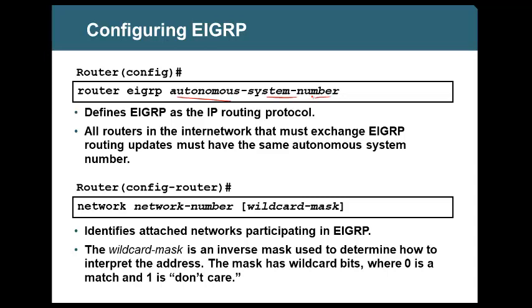Now, the networks that you want to advertise using EIGRP, you need to use the network command and specify the network and mention the wildcard mask up to which the prefix needs to be matched.